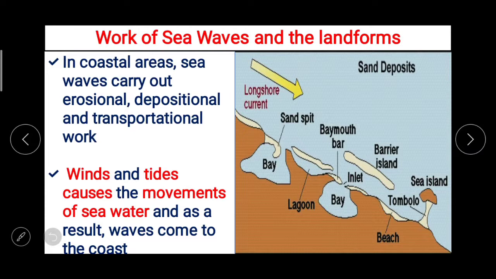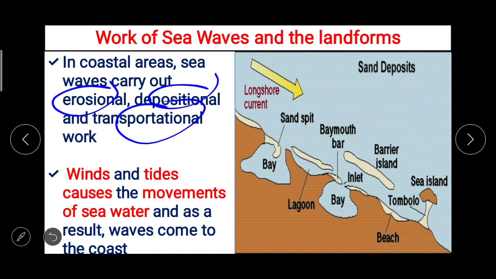When the waves break at the coast, they bring with them water, transported stones, pebbles, sand particles, etc. In coastal areas, sea waves carry out erosional, depositional and transportational work.